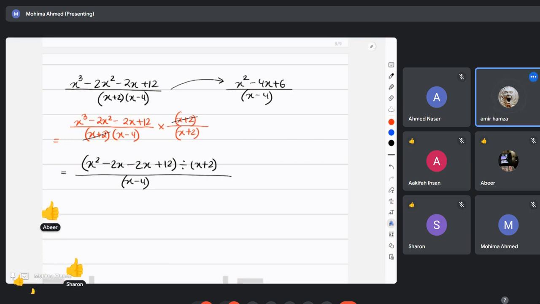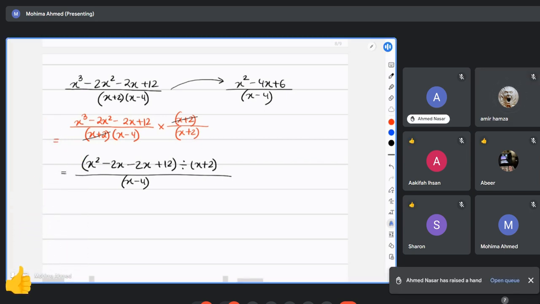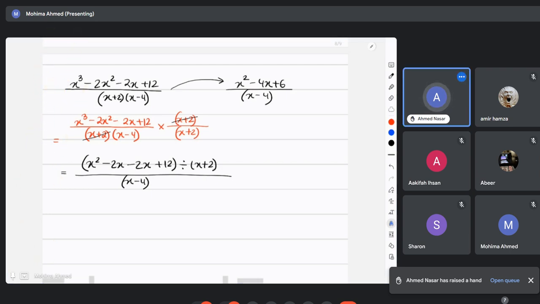Yes, miss. What am I trying to do? Okay. Yes, Nasir, please ask. So teacher, you have written x plus 2 over x plus 2, right? So can we write it as x minus 4 on the top and x squared minus 4x plus 2 later? Yeah, you can also do that.